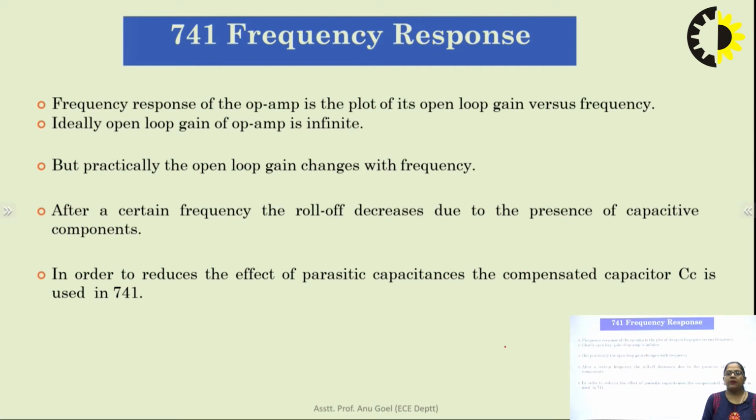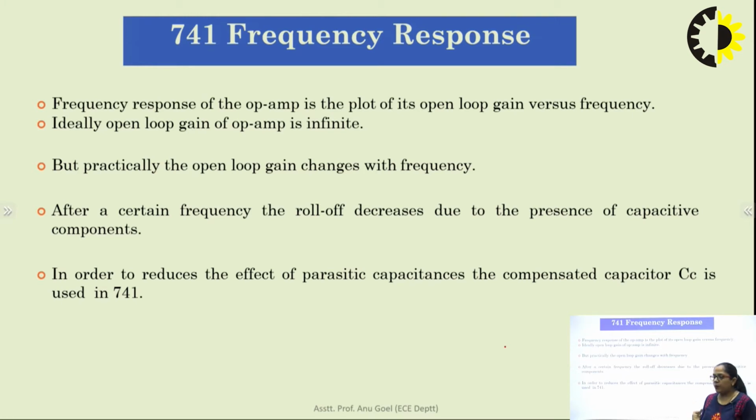Okay, but practically it doesn't happen. Practically gain decreases with the change in frequency. When we increase the frequency, then the gain starts decreasing. This decrement in gain is called the roll-off rate. The reason for the decrement in gain is the presence of capacitive components.